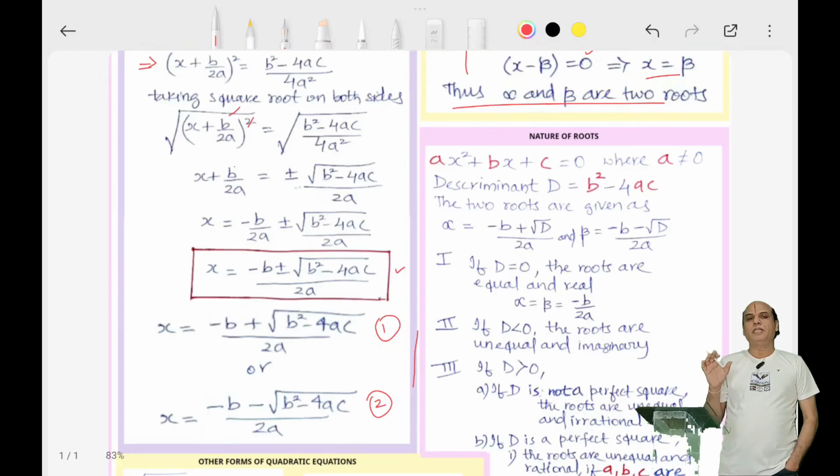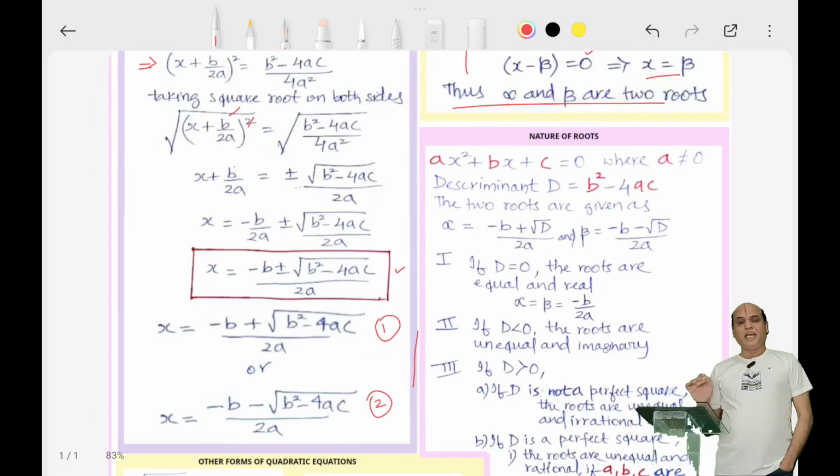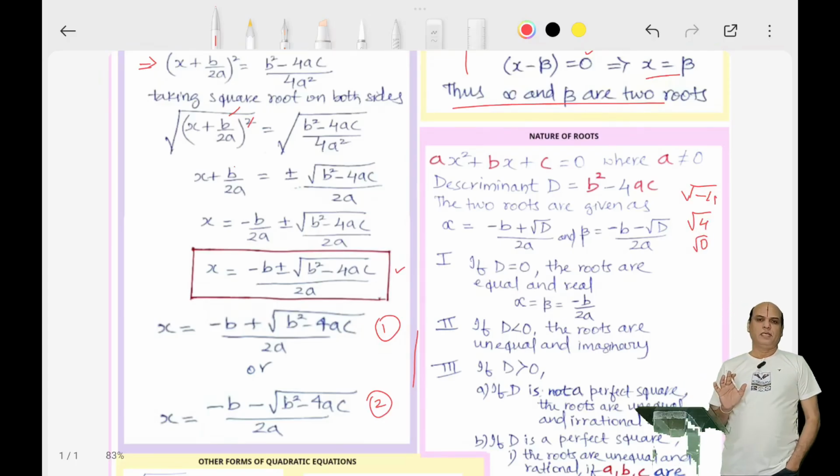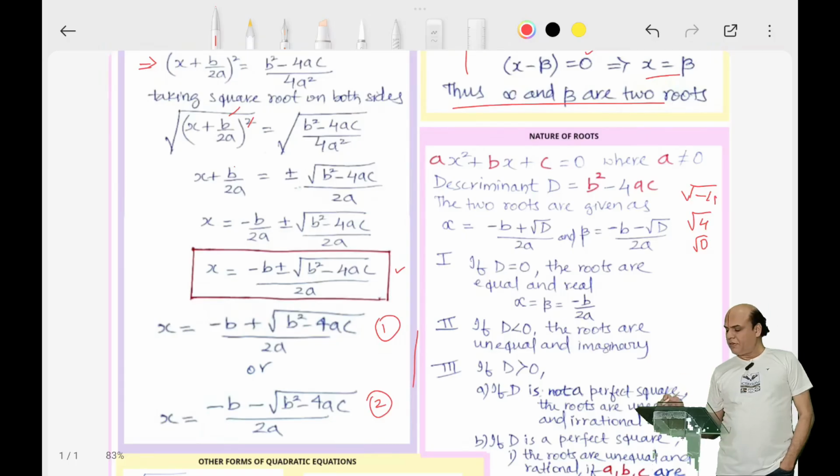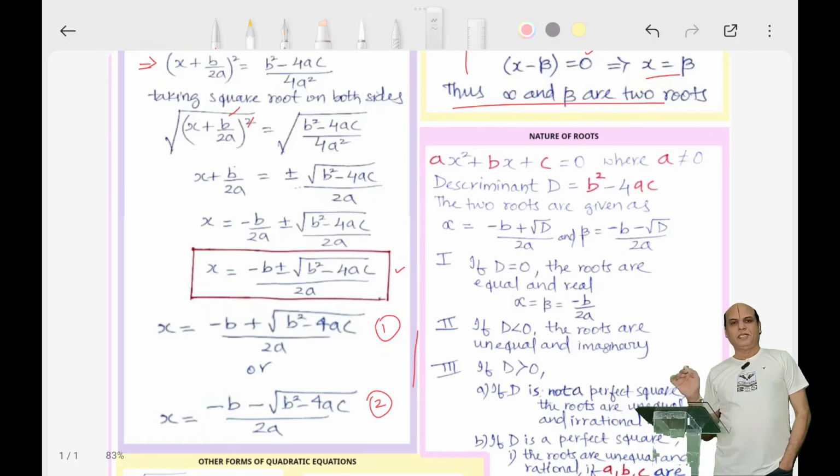Okay. So now, even before solving a quadratic equation for its roots, we can find out the nature of those roots. So we had seen earlier square root of a negative number is slightly complex, whereas square root of positive numbers or 0 is very easy. But whenever you have a negative quantity under square root, then it will lead to complications or the roots could be imaginary.